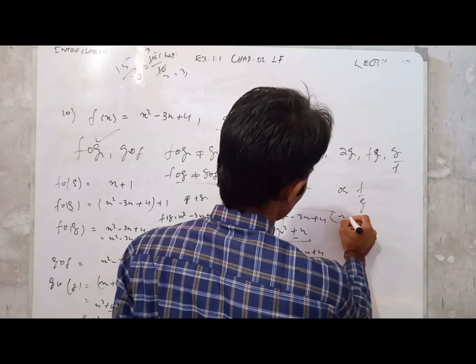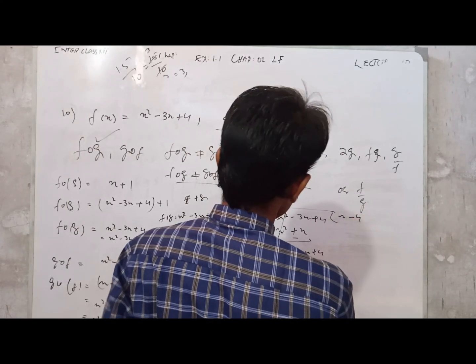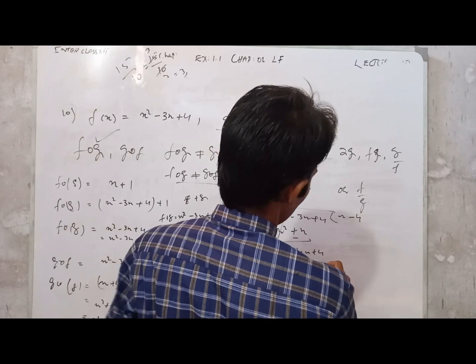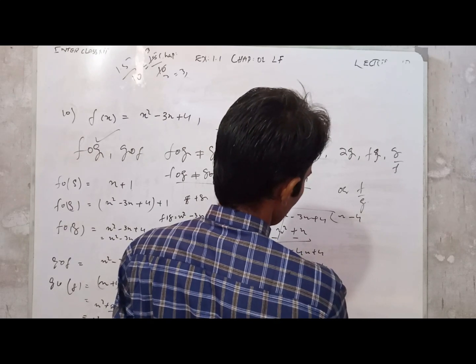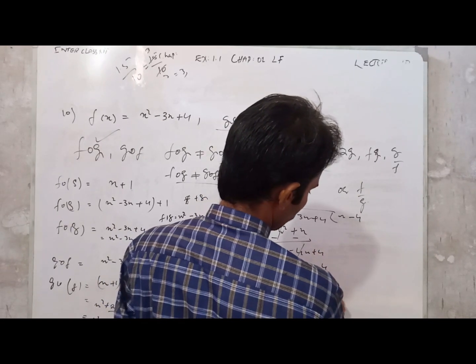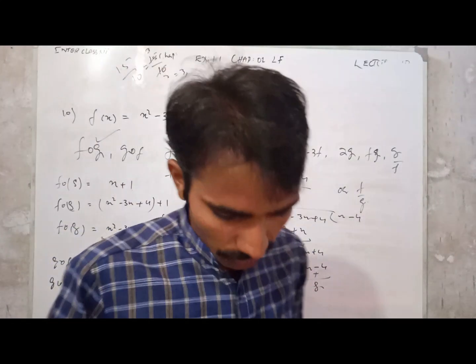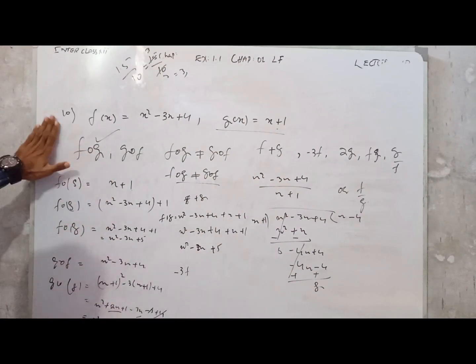We put minus 4x and minus 4. When we cancel out, we get 8. So this is the remainder. So this is all about question number 10.